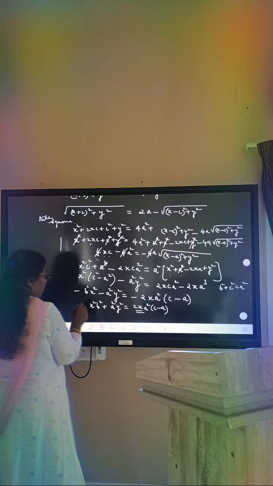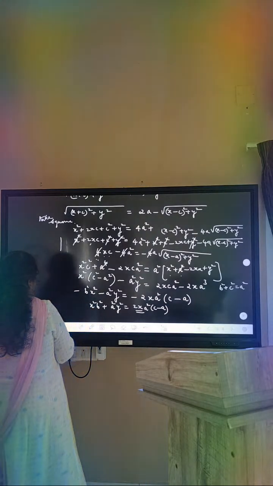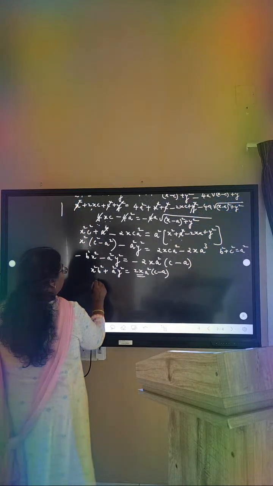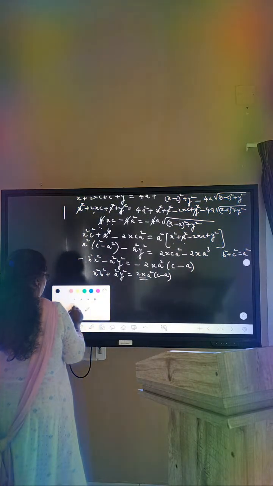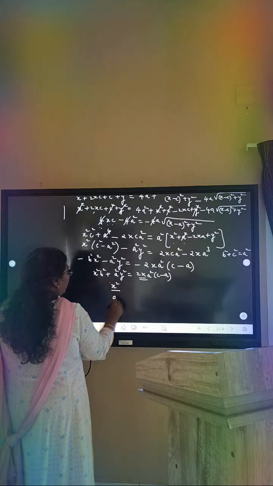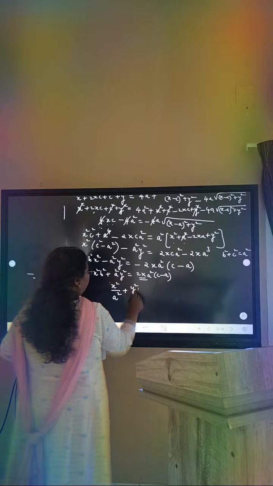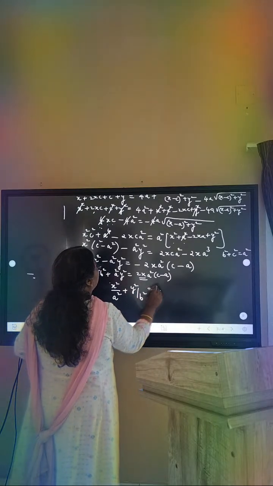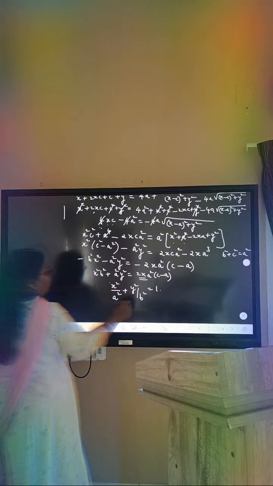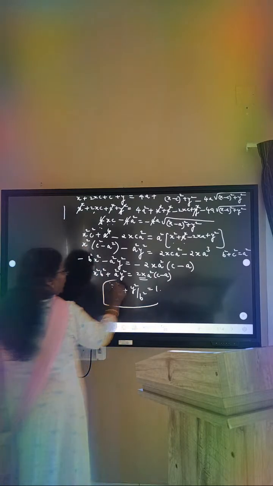And finally, when you divide throughout by a squared b squared, you get the equation like this. Then the equation of the ellipse will be x squared by a squared plus y squared by b squared is equal to 1. We get the equation in this form. So this is the equation of the ellipse.